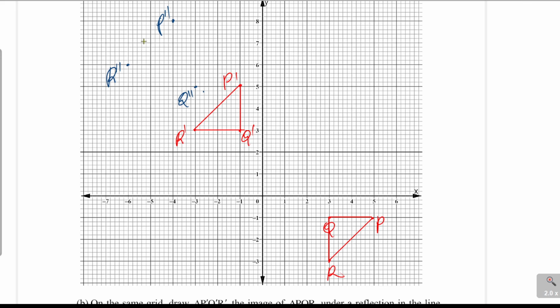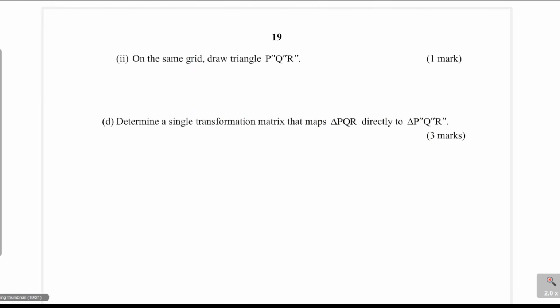So we can join that. So that is how the triangle should look. So we have P double prime, Q double prime, R double prime there. So we have done that.